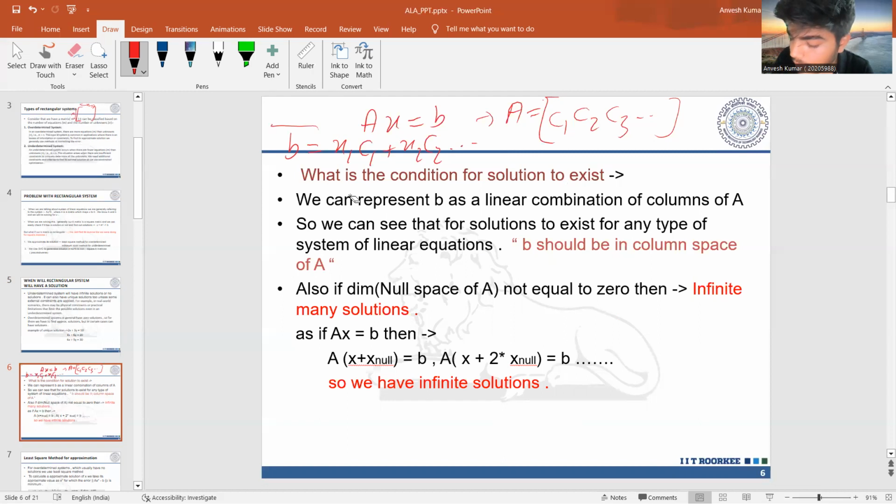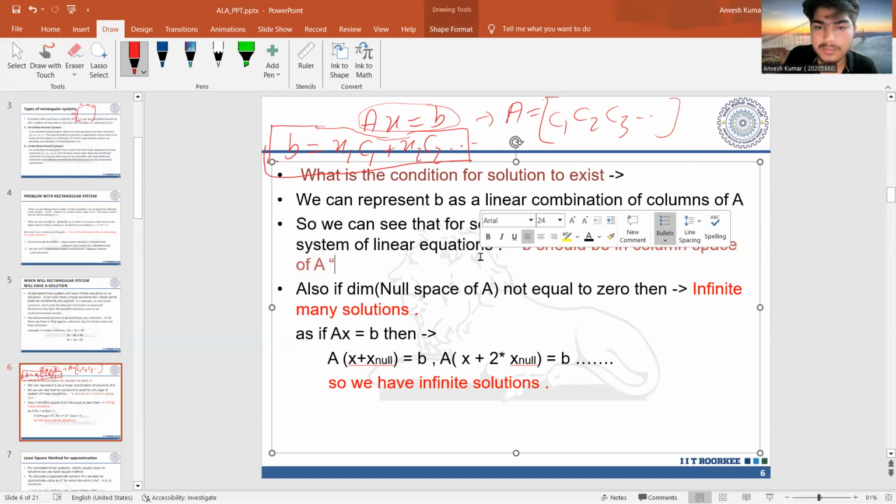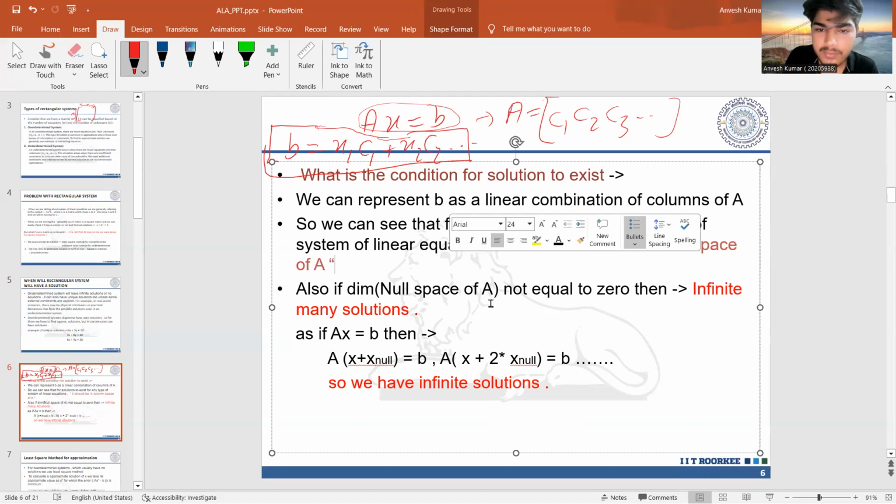So if x has a unique solution, then this must exist. So we can say that if a unique solution exists, b should be in the column space of A, as b can be represented as a linear combination of its columns.